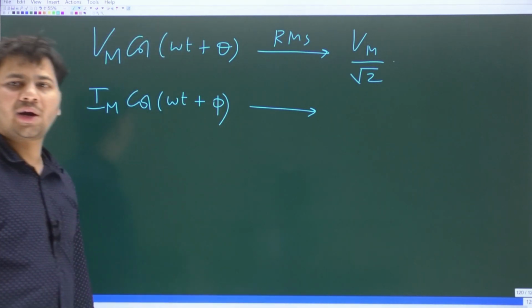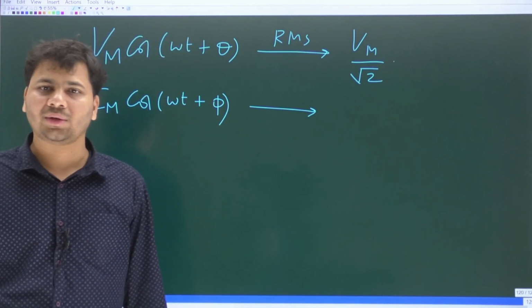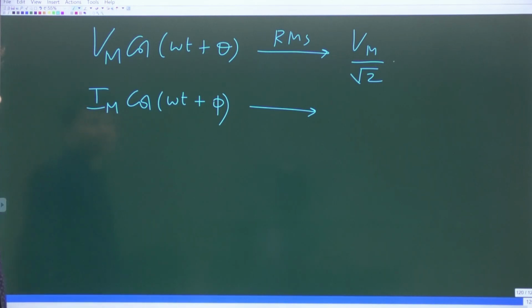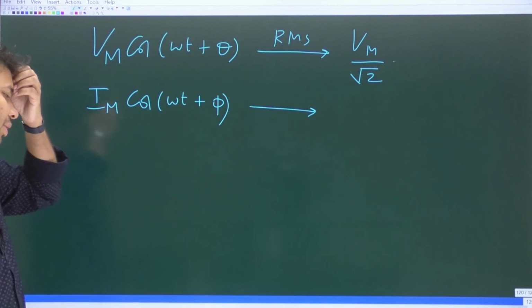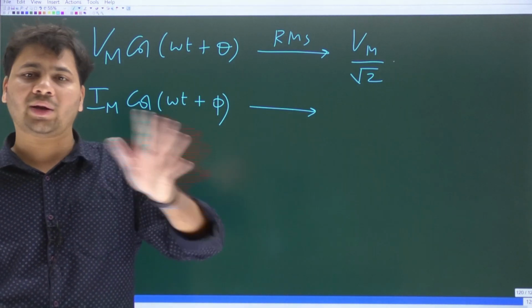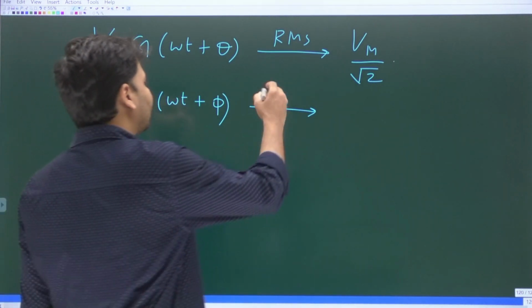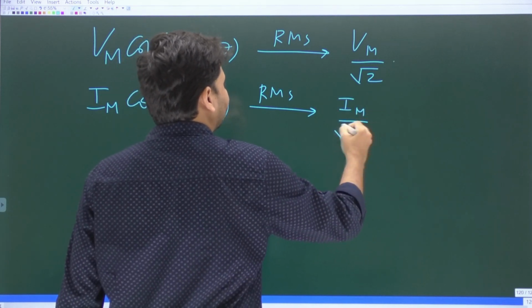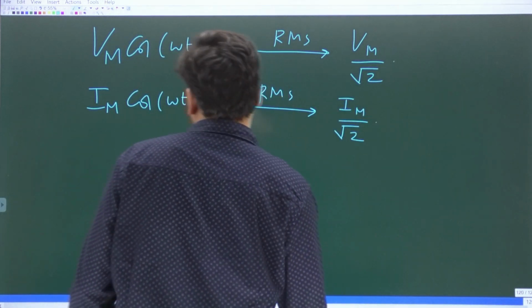In fact, any periodic function will have an RMS value. Im cos(omega t + phi) will have an RMS value of amplitude divided by root 2. This is applicable for any sinusoidal function. So the RMS value will be Im by root 2.